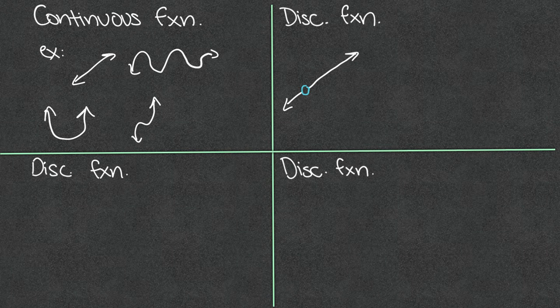Think a literal hole punch, okay? I have now removed a piece and it is now somewhere else. You could say it's now down here or whatever. When I hole punch it, I have now created a removable discontinuity.